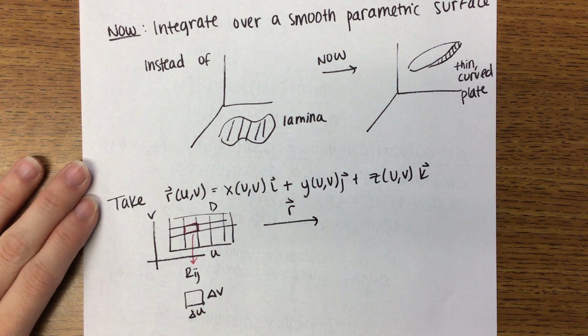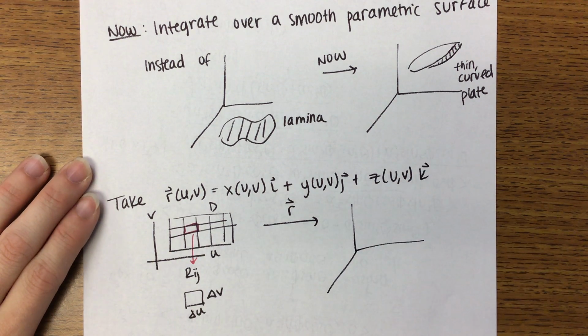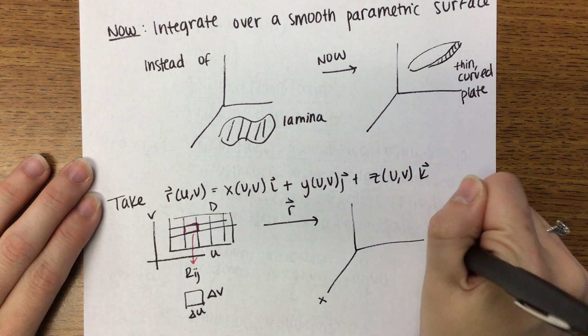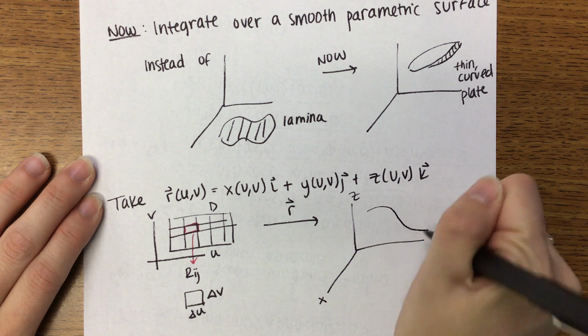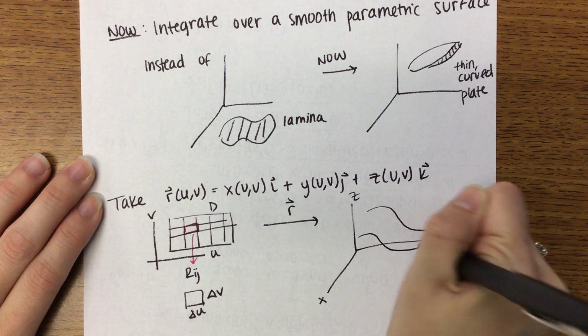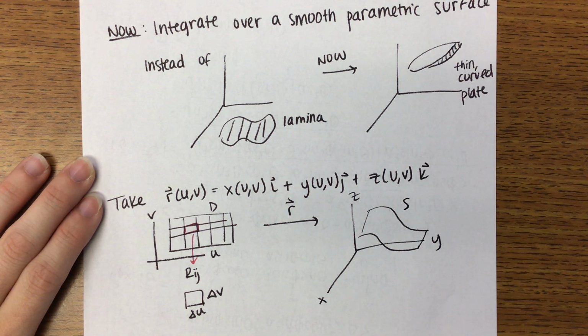R then is going to be some surface that is defined on that UV plane. This time, though, we're going to graph it in terms of x, y, and z. Let's say it looks something like this. We'll call that S.